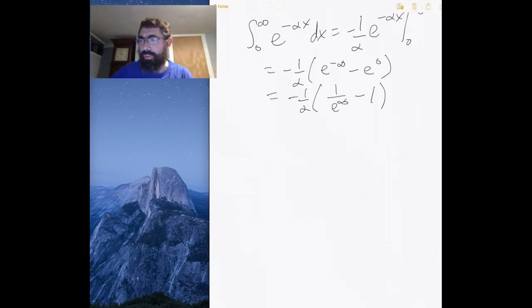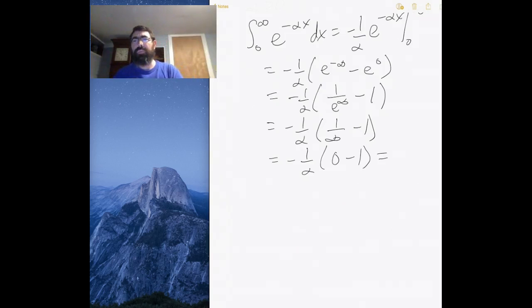So I would have minus 1 over alpha times 0 minus 1, and minus 1 over alpha times minus 1 would just be 1 over alpha.